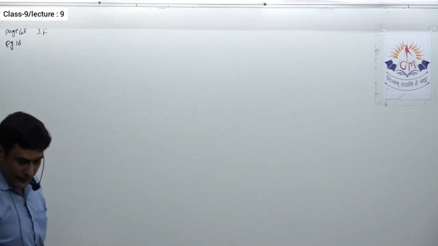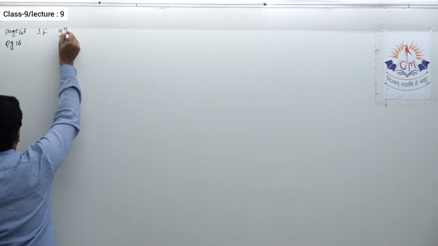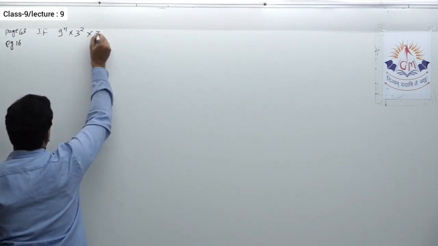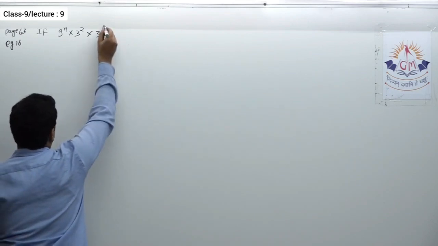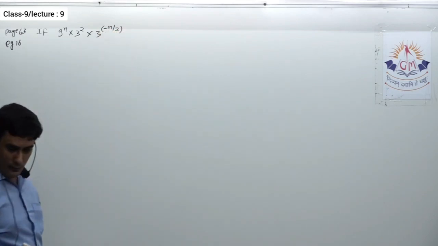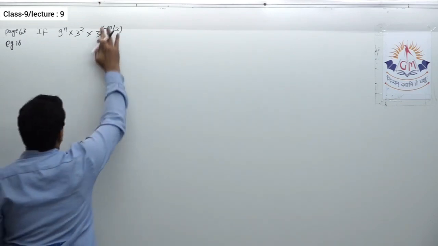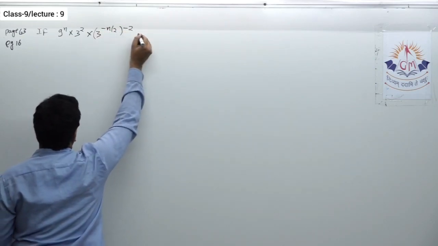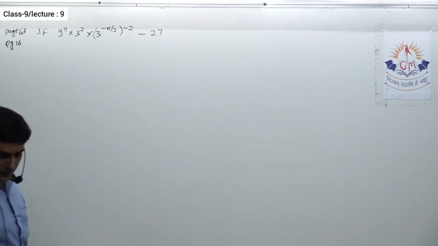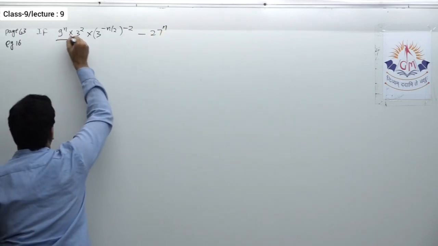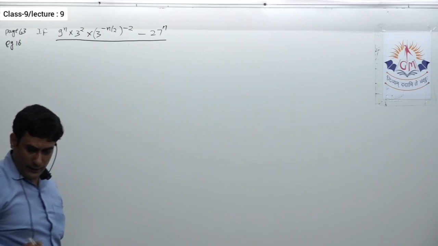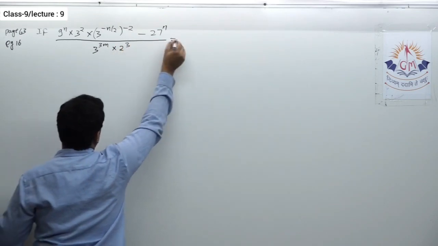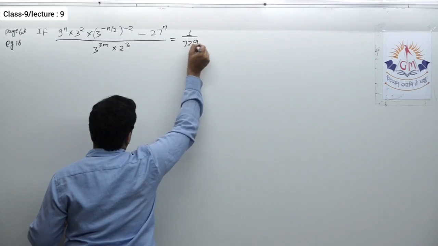Okay, question is, if 9 raised to n multiplied by 3 square multiplied by 3 raised to minus n upon 2, raised to minus 2, minus 27 raised to n, whole divided by 3 raised to 3m multiplied by 2 cube is equal to 1 upon 729.